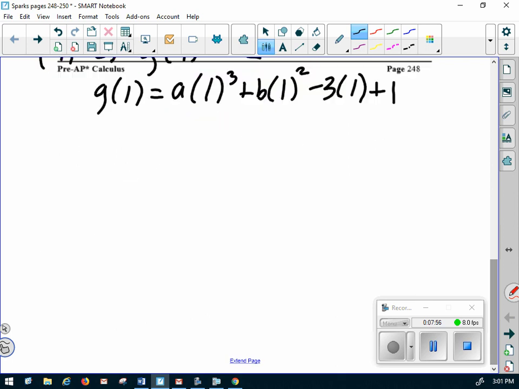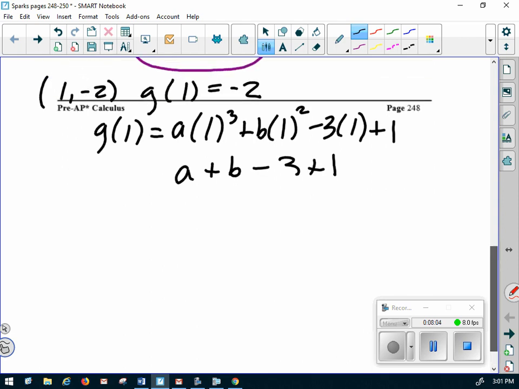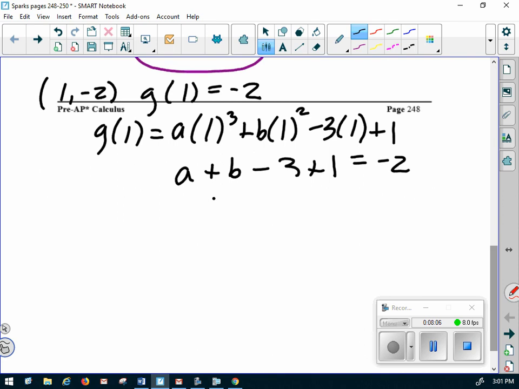So what's that give us? A plus b minus 3 plus 1. And what did we say that had to equal? -2, I think. Yeah. So that gives us a plus b minus 2 equals -2, or a plus b equals 0.